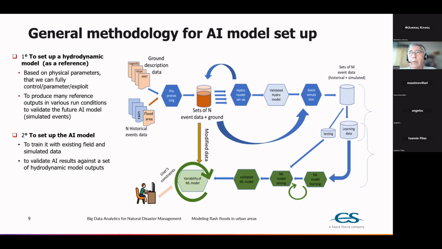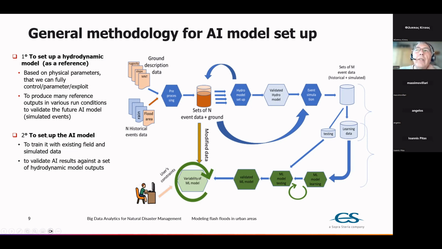Because we wanted something that we can completely and fully control, parameterize, and run as we want, and that we are able to verify against the historical data. So that was our first phase.